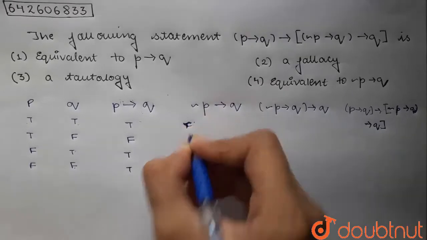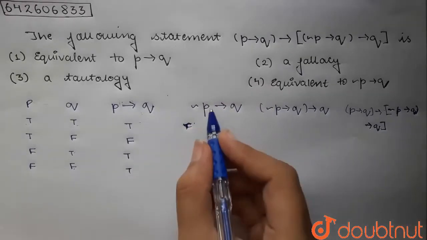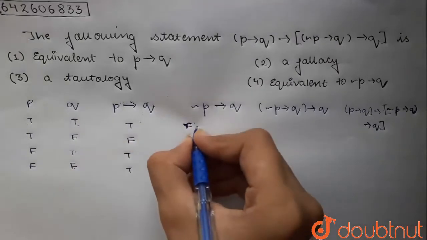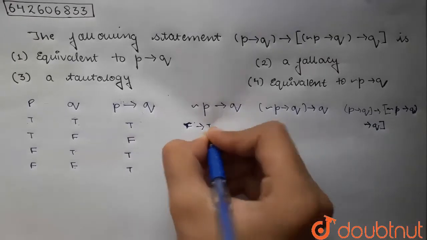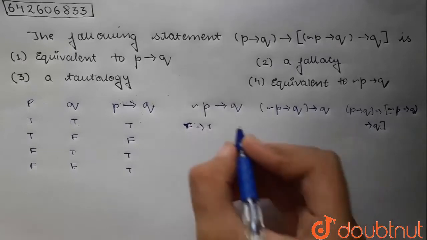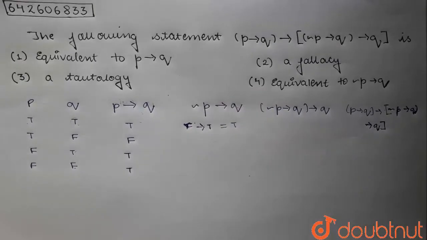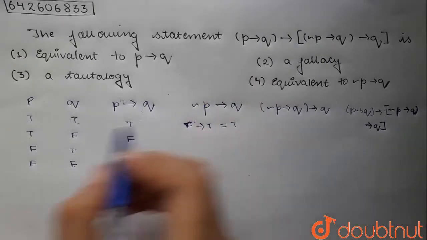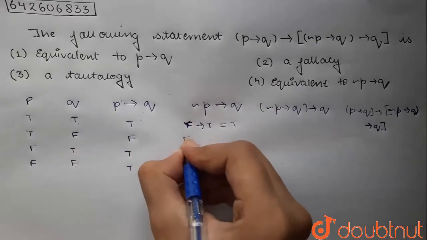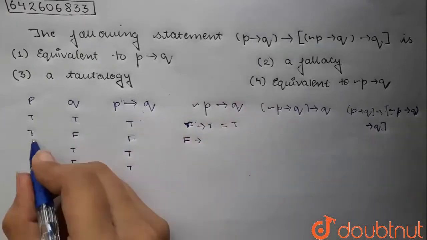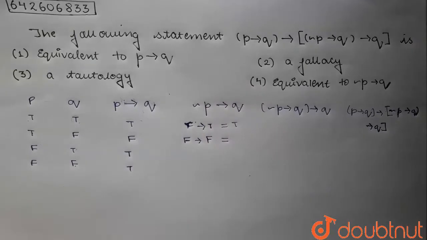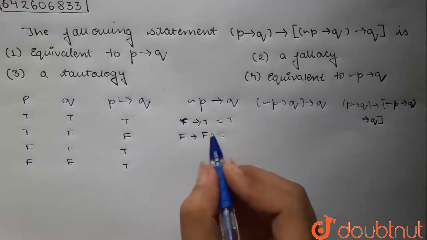False implies true gives true. Then again P's second value is true, so negation P is false and it implies Q, which is false; false implies false is true.